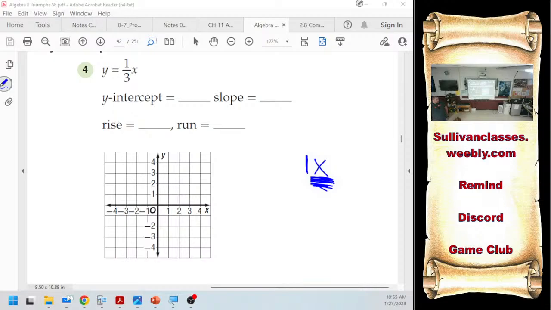I have to put 1 as a placeholder. But if there's literally nothing there, you could just write 0. So where am I starting? 0 where? In the middle. Big kid words: origin. Okay? 0, 0 is the origin.